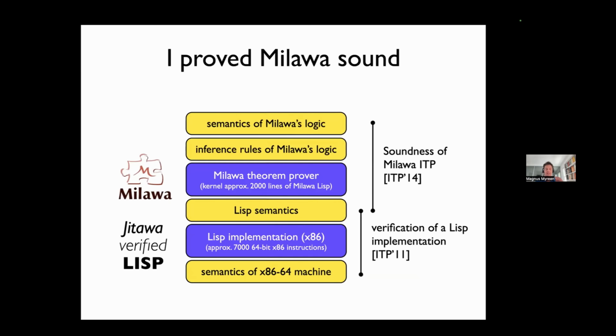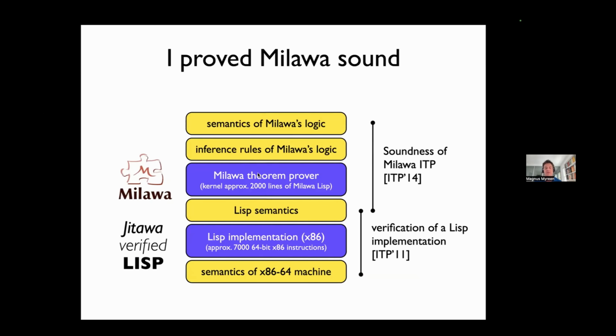So we built this stack where I built a new verified Lisp, which is 7,000 lines of x86, and it's proved correct with respect to x86 semantics. And on top of that, we have the Lisp semantics that this Lisp implementation implements.